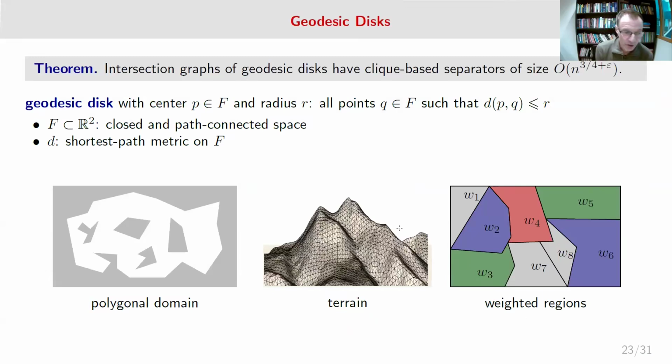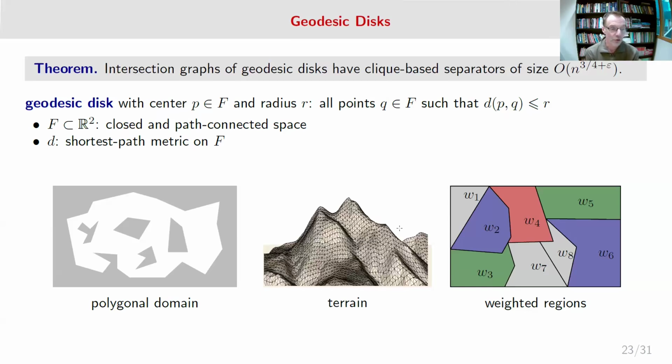Now the most recent thing, for which I do not have time because I see our chair getting very nervous, but let me explain the result, because I think it is actually quite nice. This is a very, very general setting. You look at essentially any kind of distance, any kind of metric defined on the plane that you can think of.